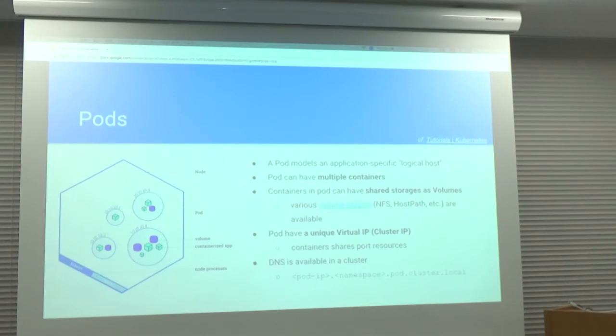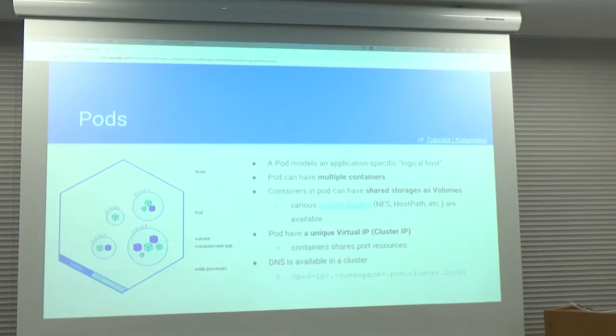The blue cylinders represent volumes, and volumes are pluggable. So we can use various volume plugins: NFS, host path, etc. Of course, Elastic Block Store in AWS, of course. And a pod has a unique virtual IP. We call it the cluster IP.